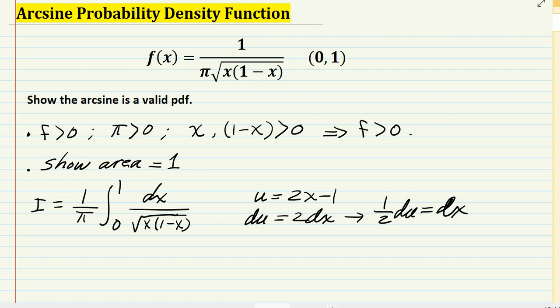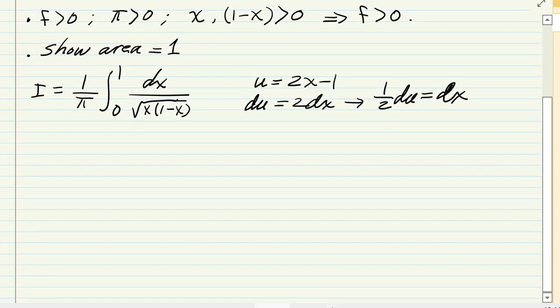The reason I'm making this substitution is that it is possible to show the integrand, and I will include a link to this integral that I have done separately for my calculus class, will become what I'm about to show you.